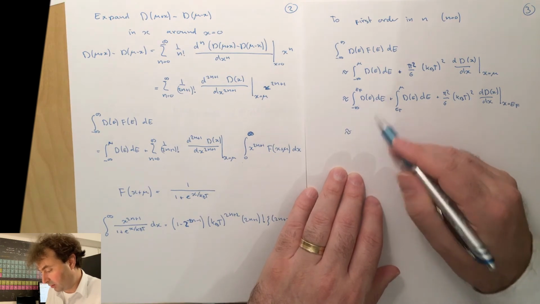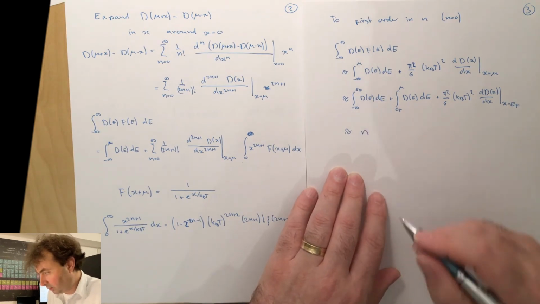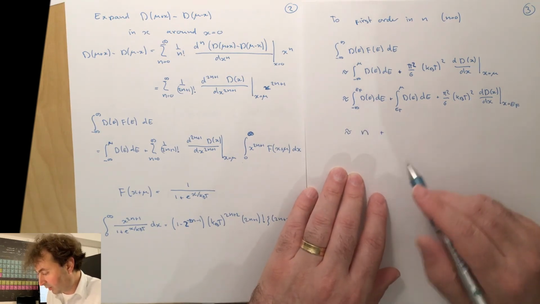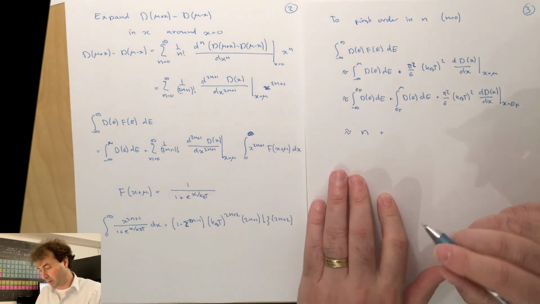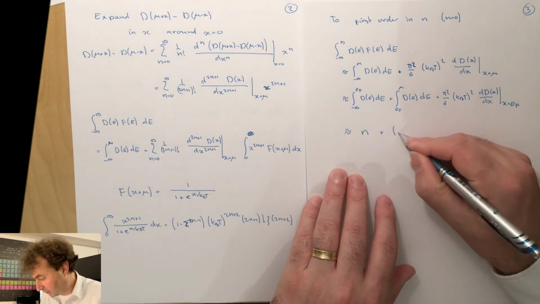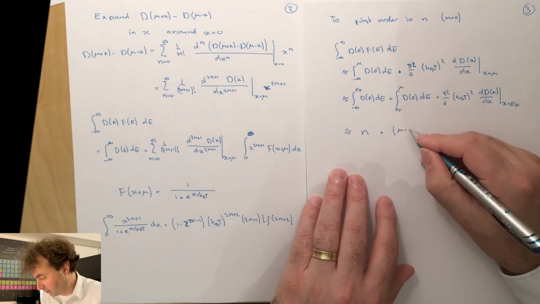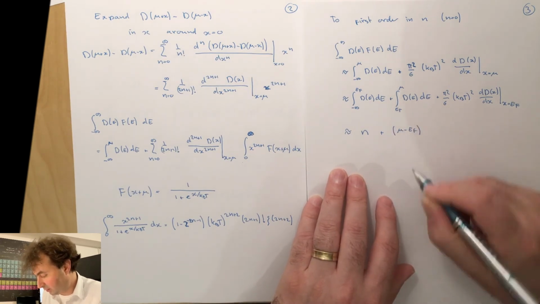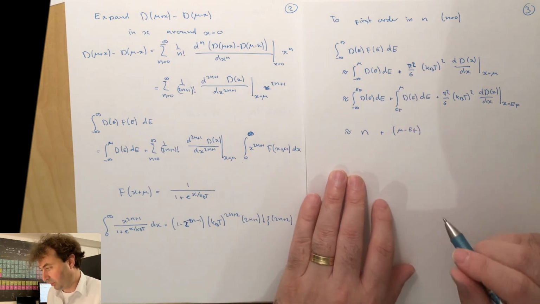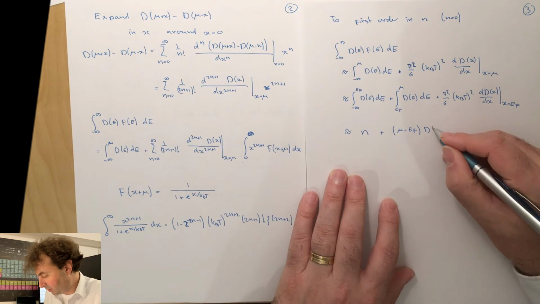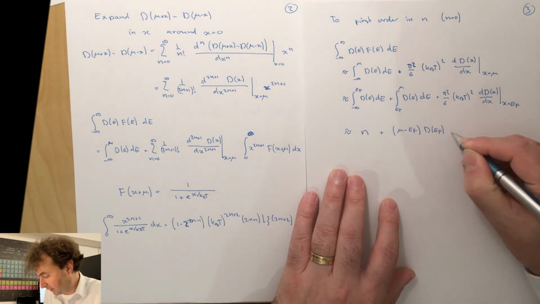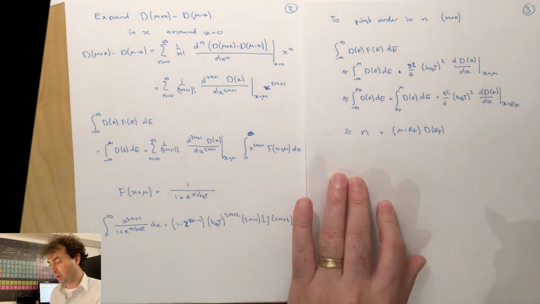Well, this integral is just the number of particles. And this integral, when the Fermi energy and the chemical potential are close to each other, I can look at as the length of my integration path, and the densities of states will be constant, so I can look at the densities of states at the Fermi energy.